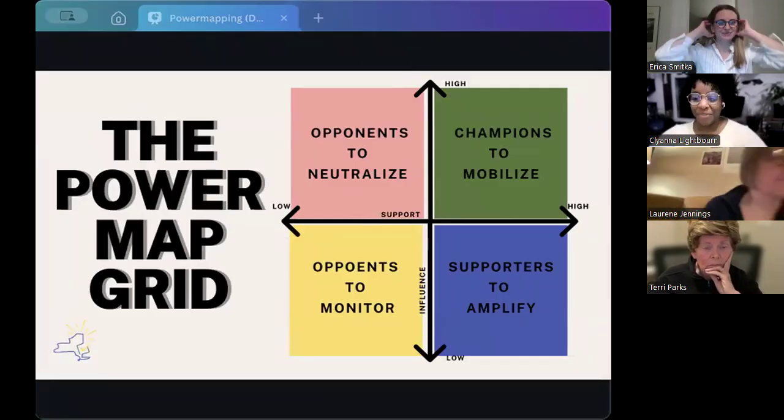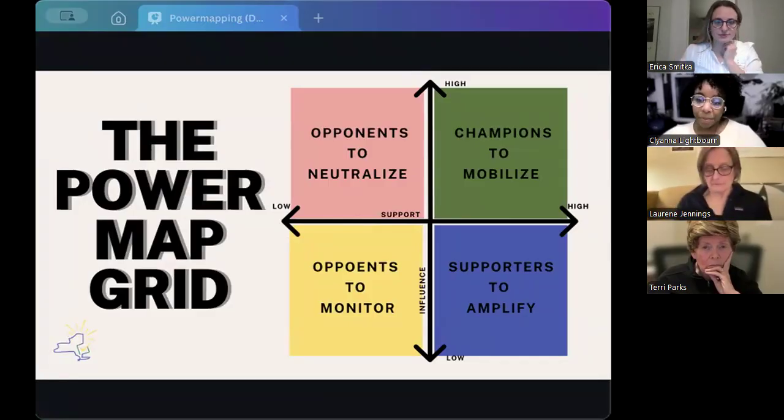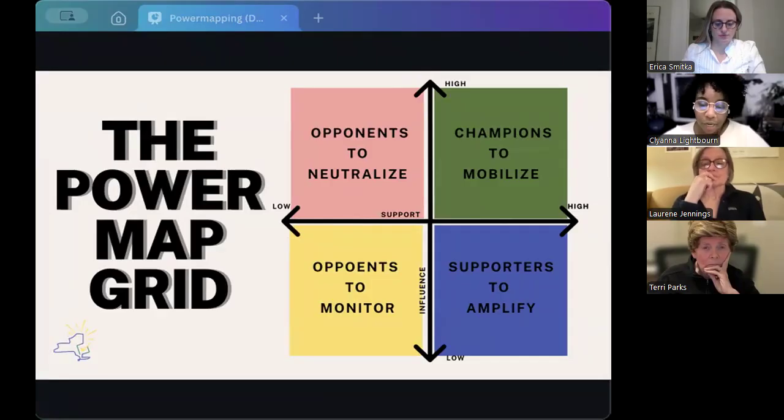Okay, no problem. So we've gone over the champions, we've gone over the opponents. Next, the bottom right are the supporters. Those are folks that are in our corner who might not have as much influence, but they're able to door knock, they're able to phone bank, they're able to do a number of things that help us put the bill on the map and make our campaign known to folks who have not been introduced to it before.